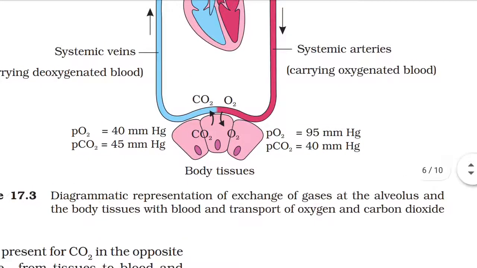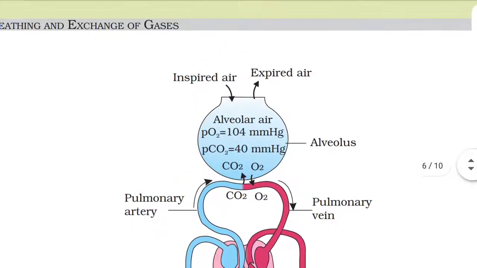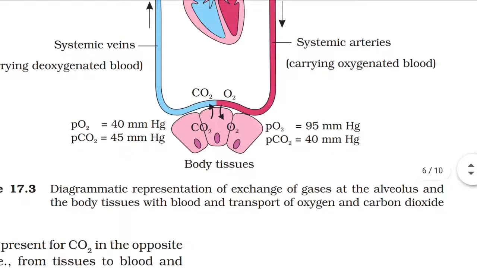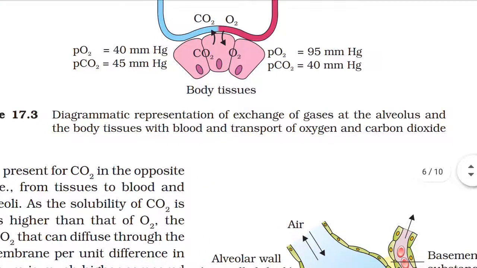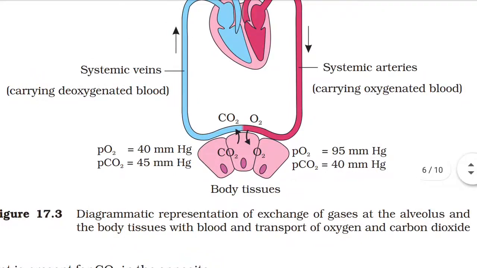In the systemic arteries, PO2 is 95 and PCO2 is 40. This is the diagrammatic representation of exchange of gases at alveoli and body tissues with the blood, and transport of oxygen as well as carbon dioxide.